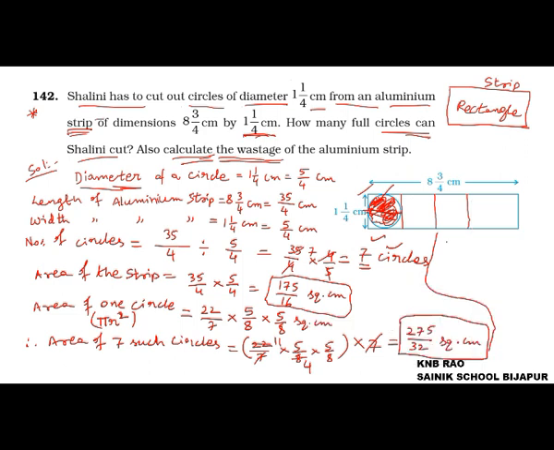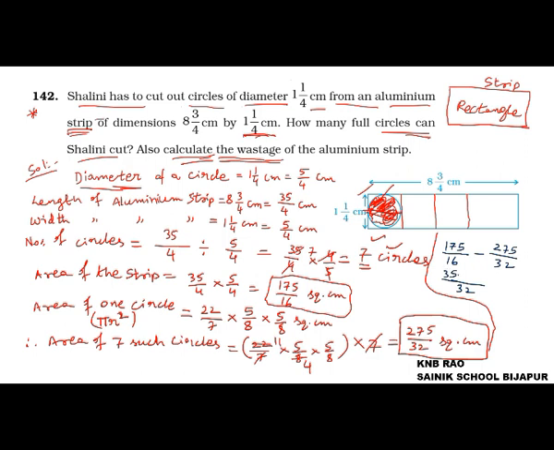Now 175 upon 16 minus 275 by 32. So the LCM is 32. 175 twice is 350.